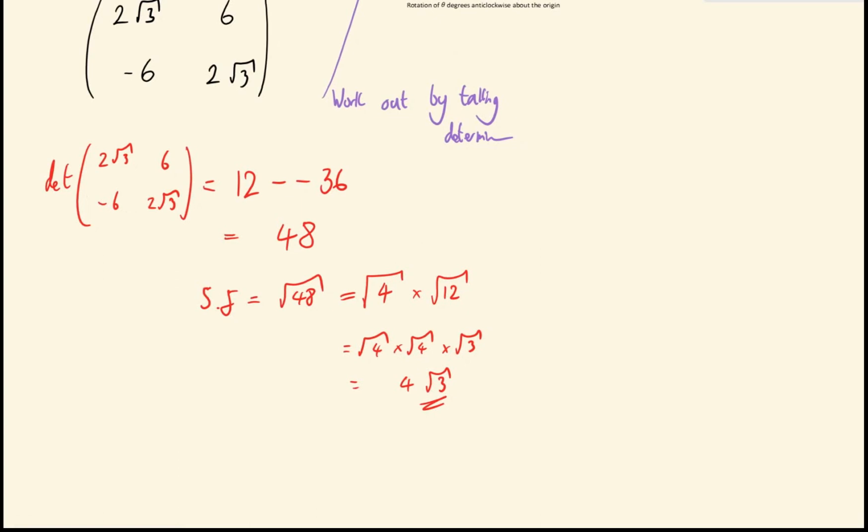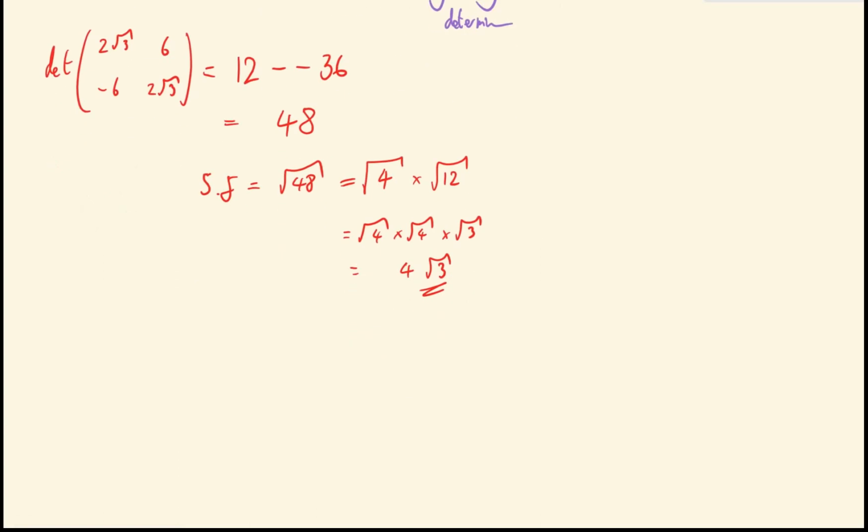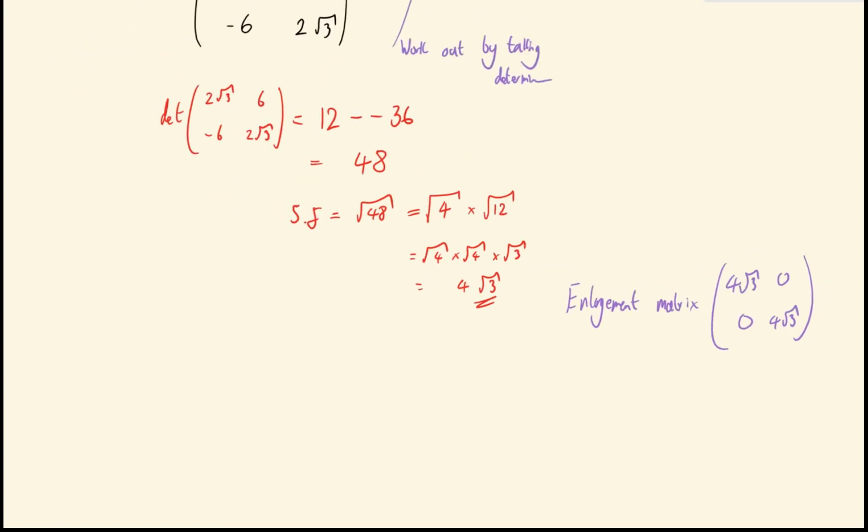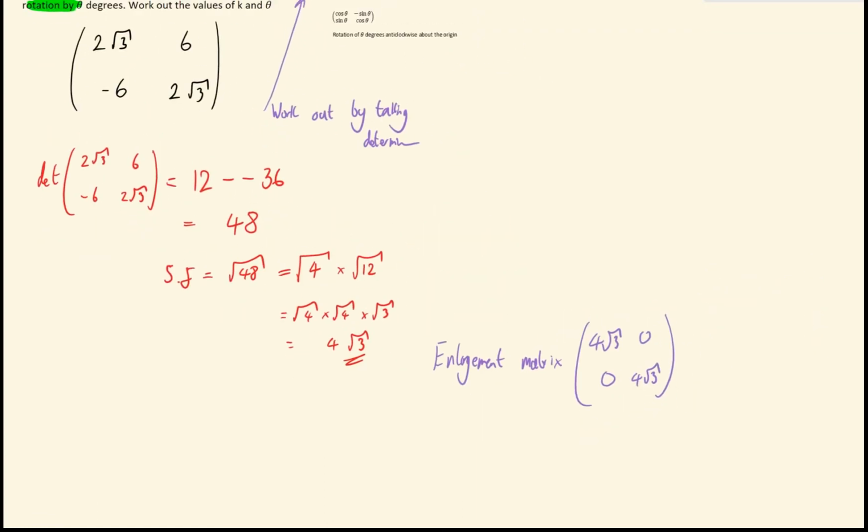That means because I've got this enlargement, I can now work out my enlargement matrix. The enlargement matrix must have looked like this. It's going to be like (1, 0, 0, 1), but instead we're going to have 4 root 3 in place of those 1's. Now we can combine these together.